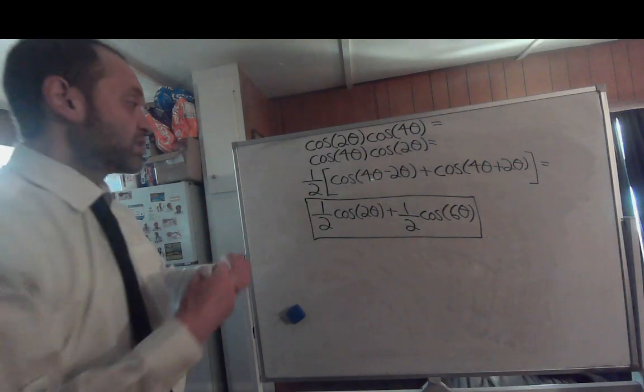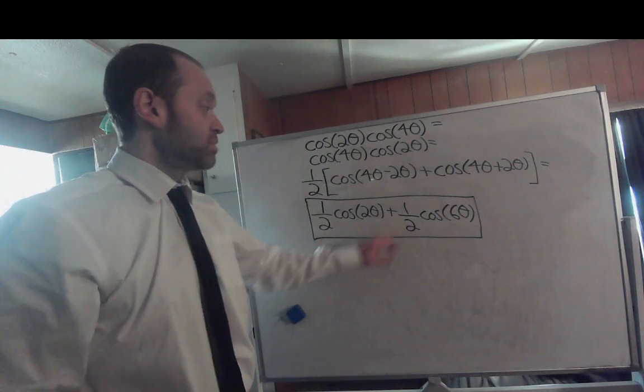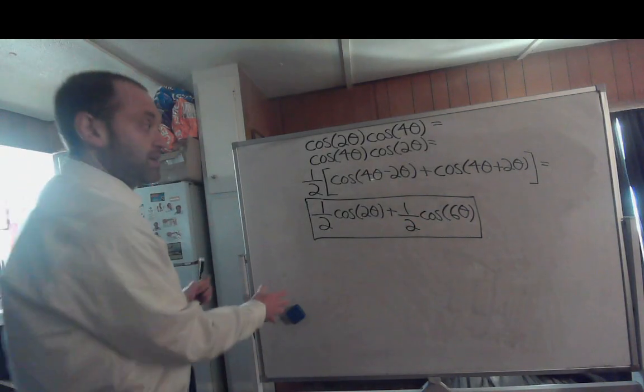It should be 1/2 of the cosine of 2 theta plus 1/2 of the cosine of 6 theta.